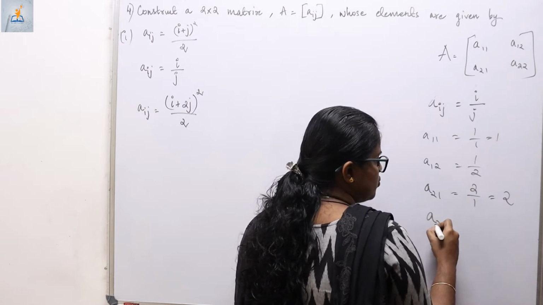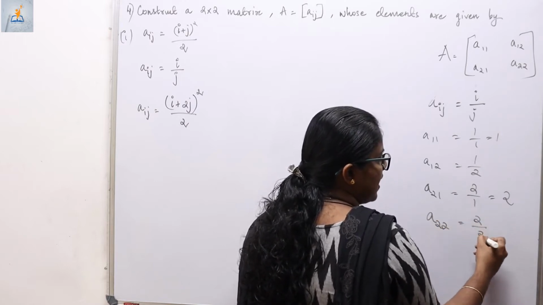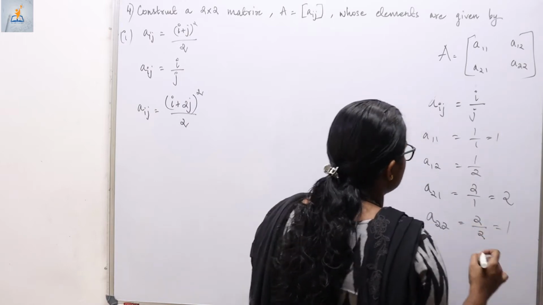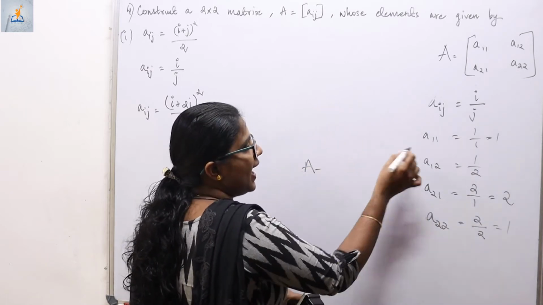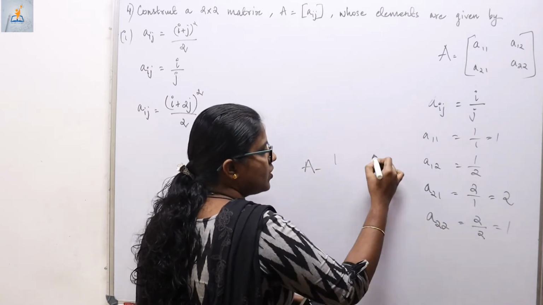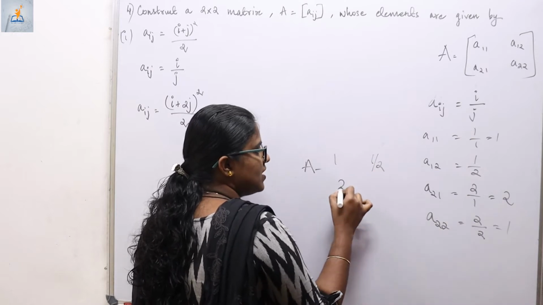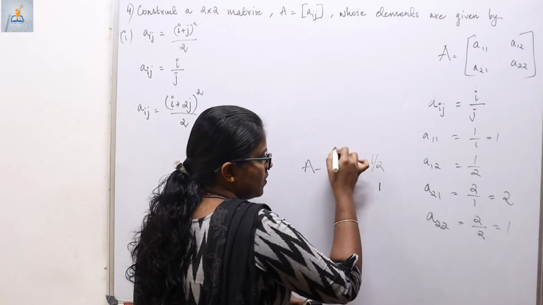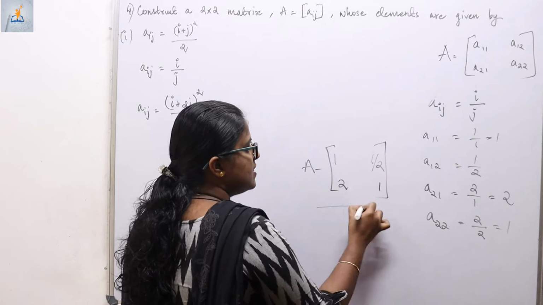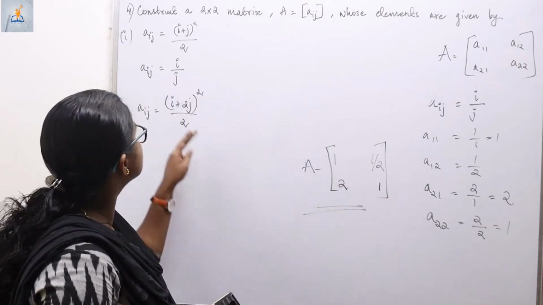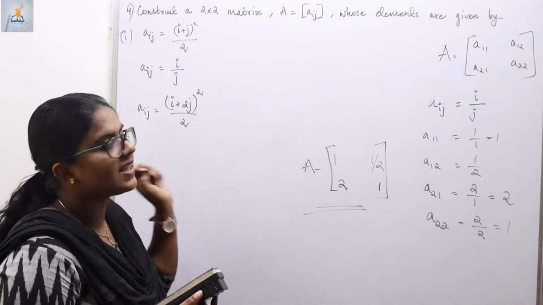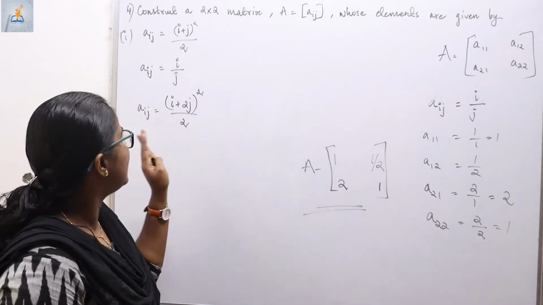And a22 as 2/2, that is 1. So the matrix is like this: a11 is 1, a12 is 1/2, a21 is 2 and a22 is 1. So this is the required matrix which has the general form aij = i/j.